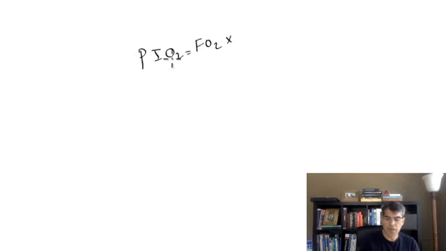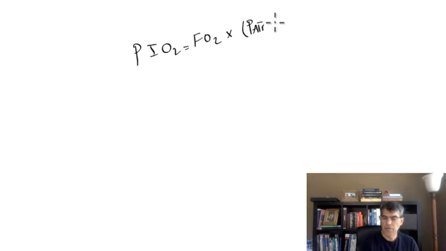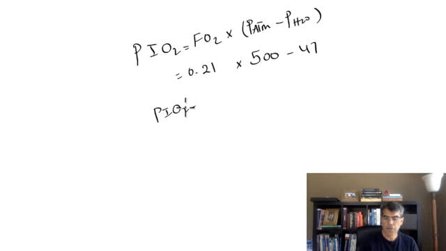Because remember, if I give 21% oxygen, then the PaO2 will be much lower. Let's take a look. If you remember this formula, PiO2 is equal to FiO2 times atmospheric pressure minus the pressure of water. If this is 500 and this is 47, and if it's 21%, then my PiO2 would be 95 millimeters of mercury.